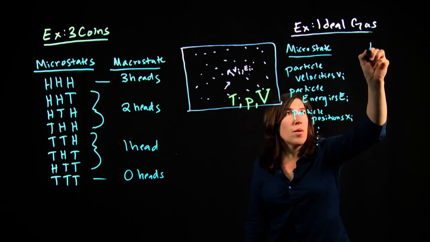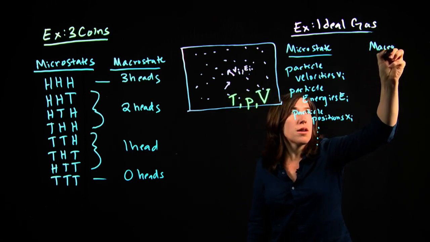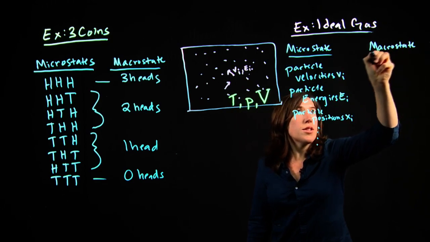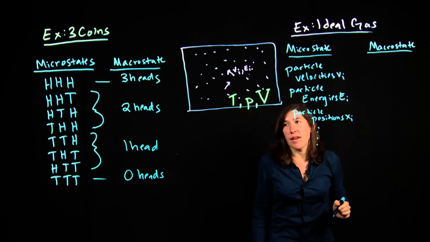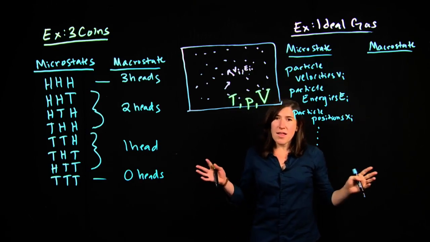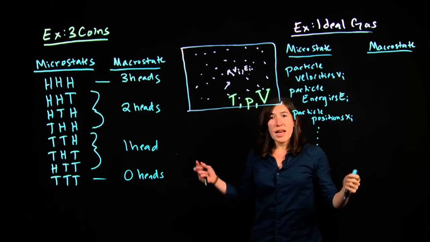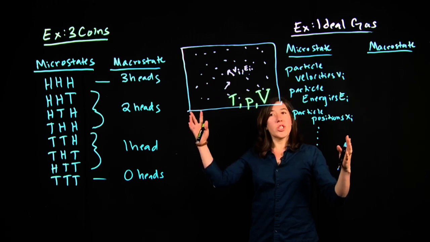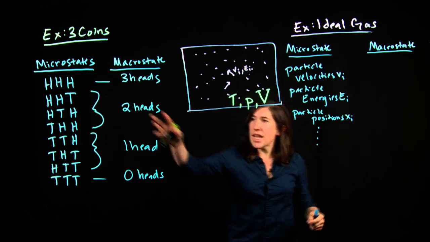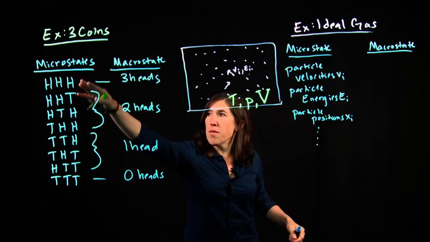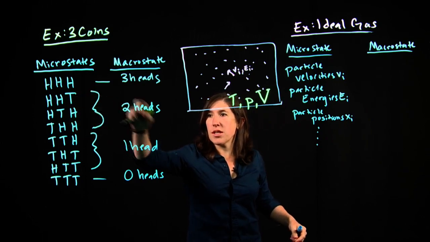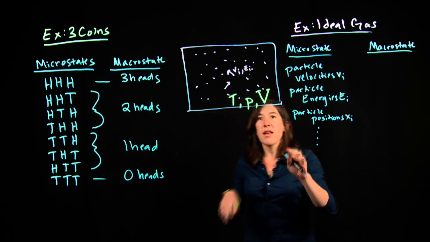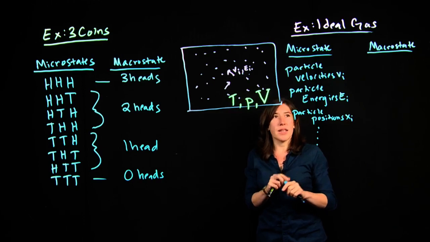So instead, what we might care about is only knowing the macrostate of the gas. Again, this is something a little more coarse-grained. It just tells you about larger scale properties. And in the same way as before, where we found that multiple microstate descriptions are associated with the same macrostate, the same thing applies to the ideal gas.